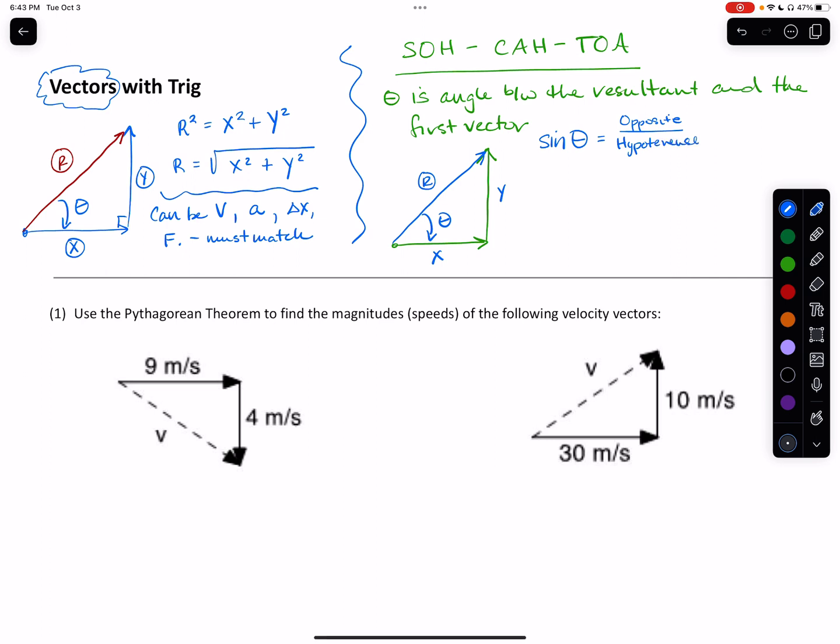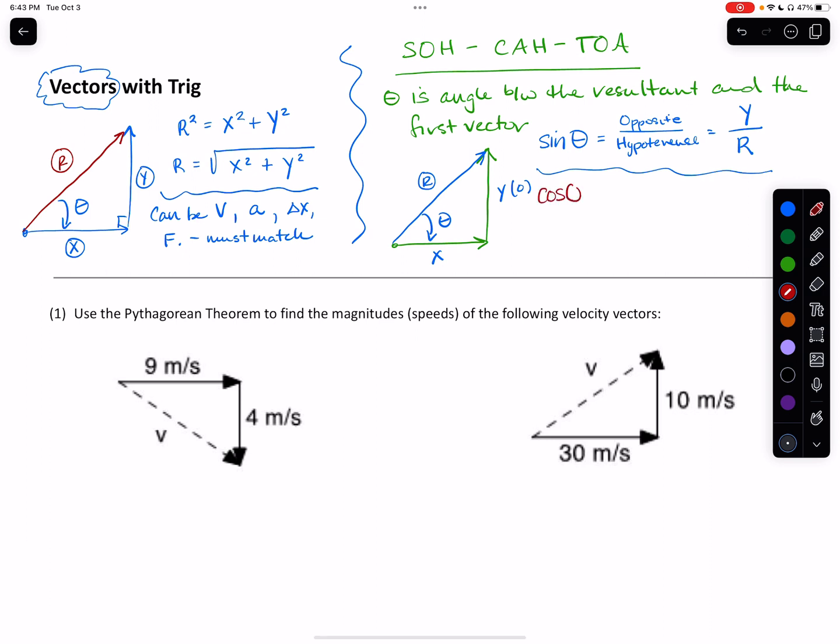And remember, this is our opposite leg, directly opposite of that angle. And then the resultant represents our hypotenuse. So in other words, for our purposes, the sine of theta will always equal the y component divided by our resultant.